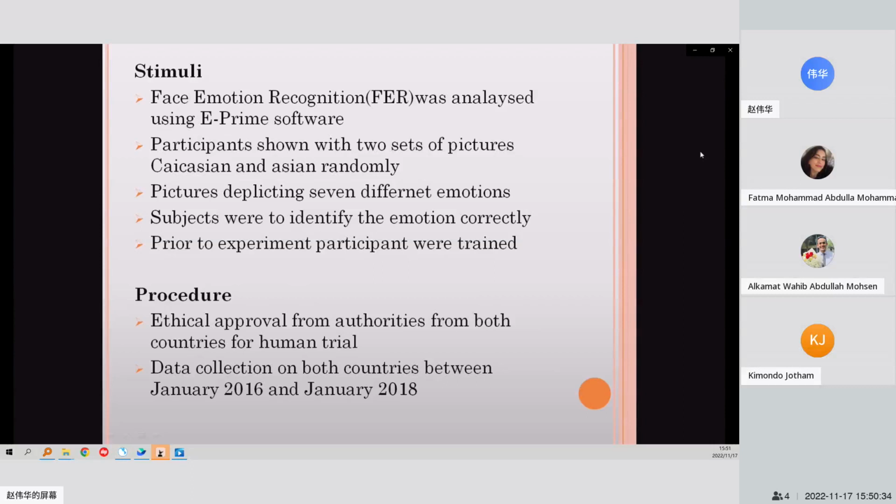Let me explain the procedure. The ethical approval required for human trials was obtained in advance from the authorities in both countries. Data collection in both countries was done between January 16 and January 18.